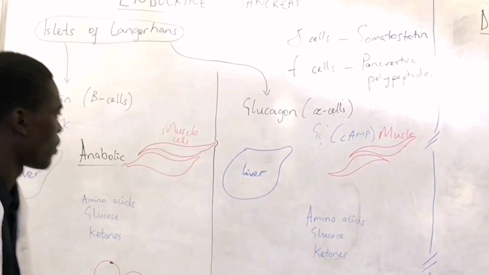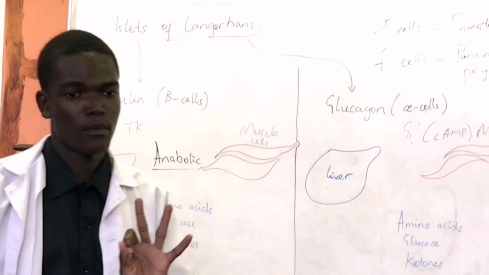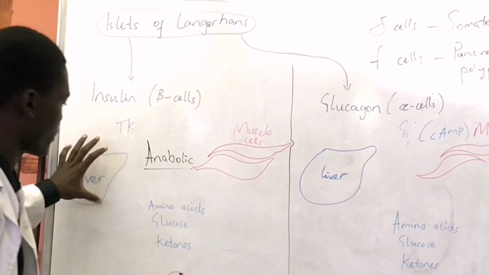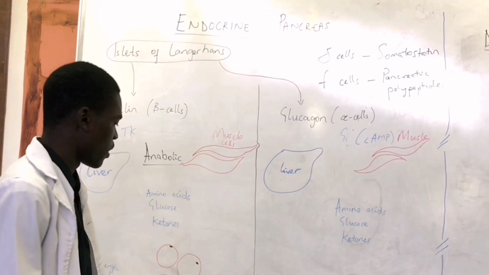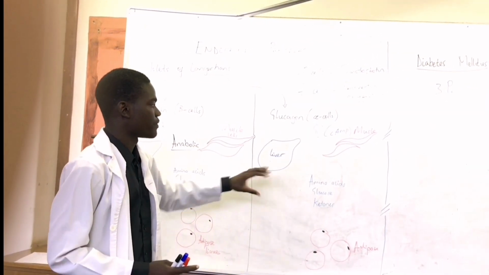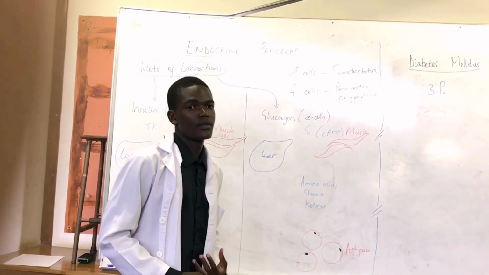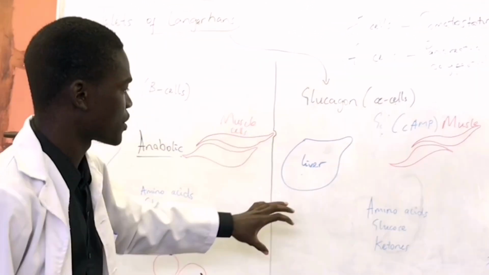As for the actions, we refer to three main principal sites. The first is the liver, the second is the muscle cells, and the third is the adipose tissue. Insulin and glucagon are antagonistic, meaning they oppose each other.